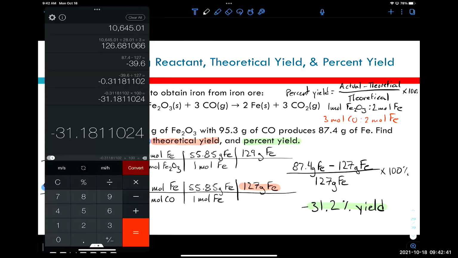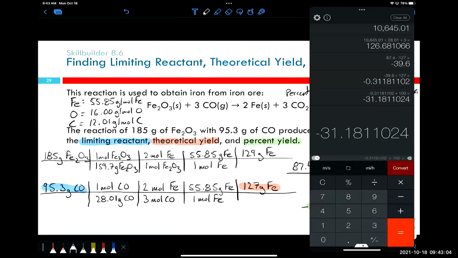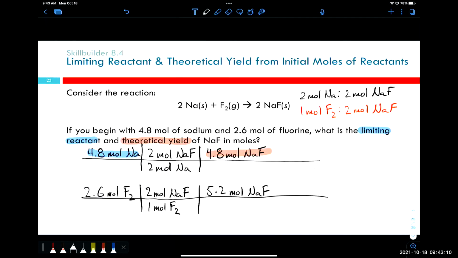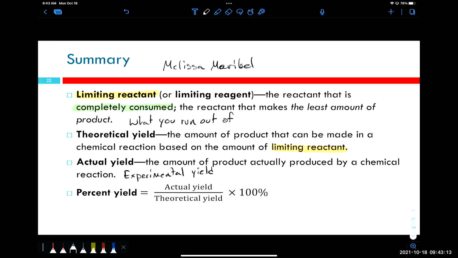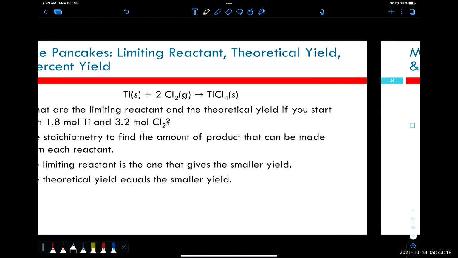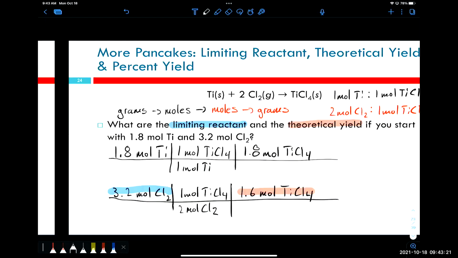Wait, did something backwards. Oh, I'm sorry. I calculated percent error.